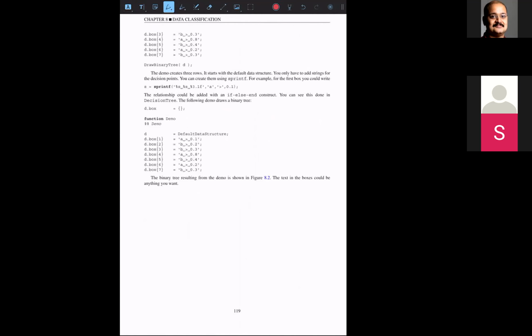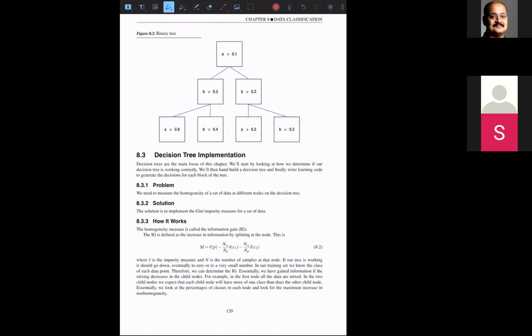Once you run this demo, you are going to get this type of structure. This is the classification structure. Think about it like you start with a feature A. If your A is greater than 0.1, you will check the value of B. If your B value is greater than 0.2, then you would have again a classification.